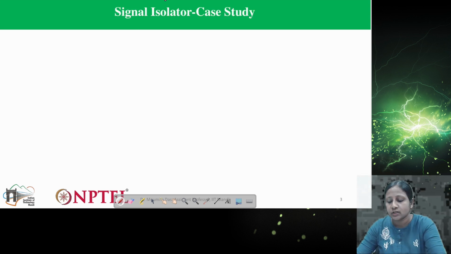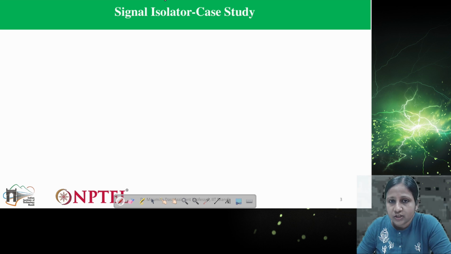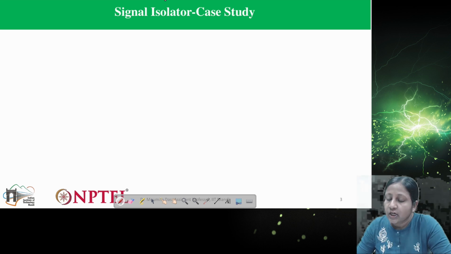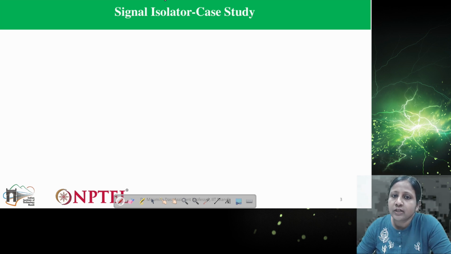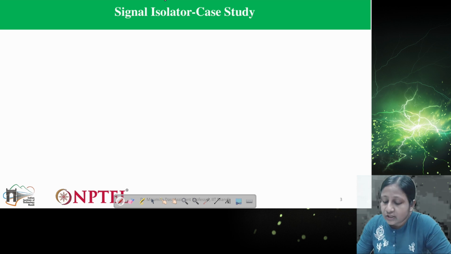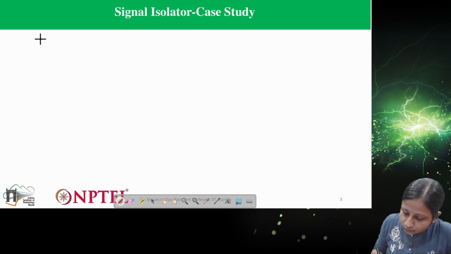Then, in the procedure, the first component is the signal isolator. If we have to design or select a signal isolator, it needs to satisfy a few conditions with respect to the particular device, because we cannot use just any signal isolator in a gate drive. What parameters should the signal isolator satisfy?